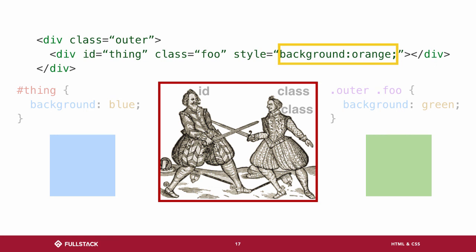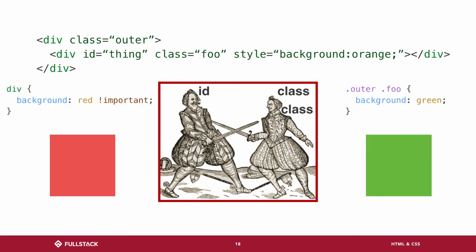So very often you'll see that if you're trying to override something that's in a style sheet, even though it's an ID, you'll end up doing this inline. Usually this is done more as a quick fix than anything else. And eventually you're going to want to take your styles and put them in your style sheet.